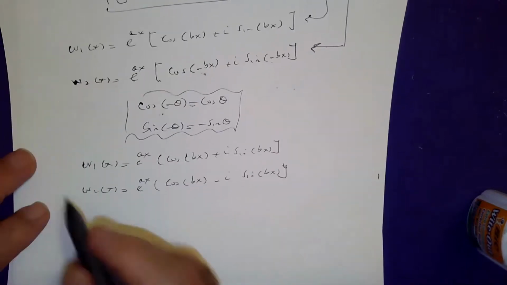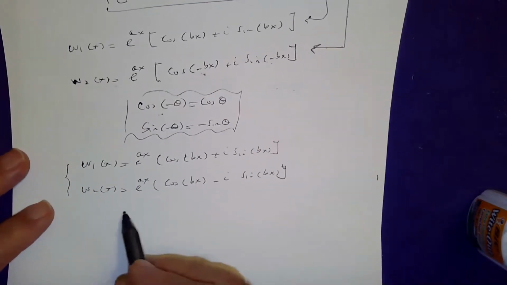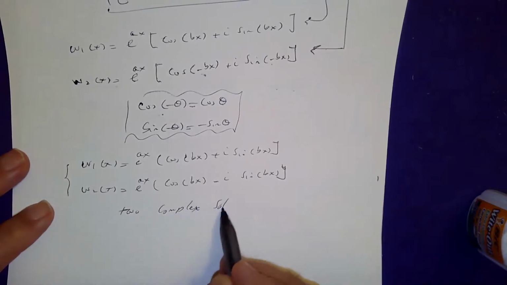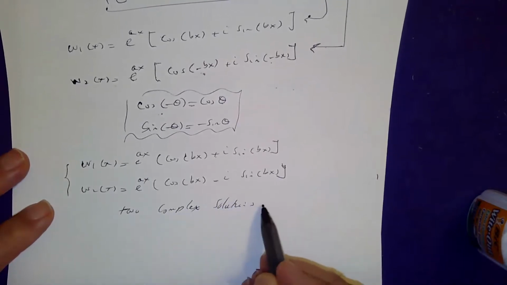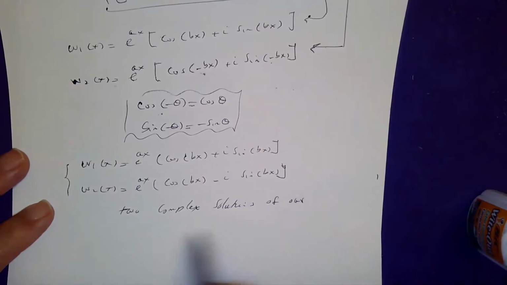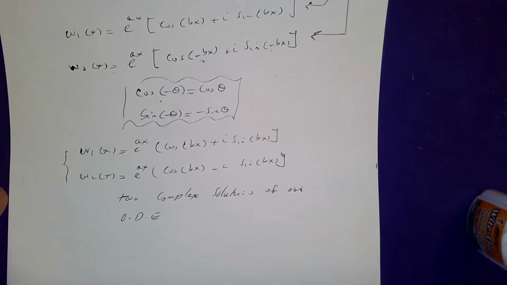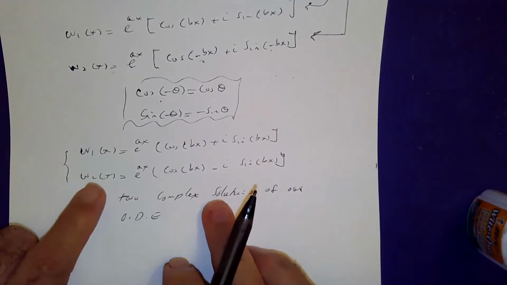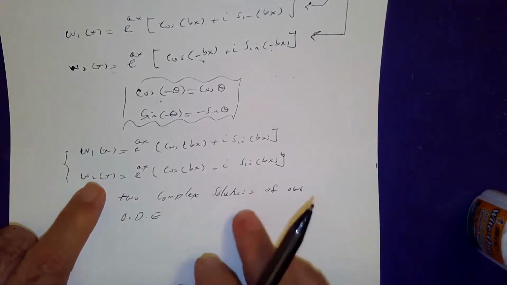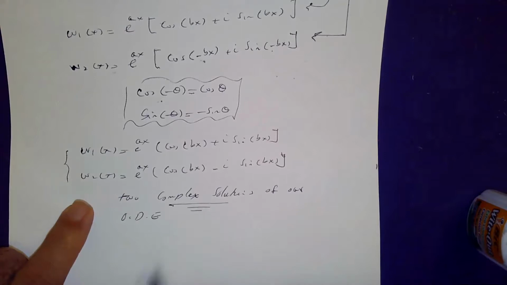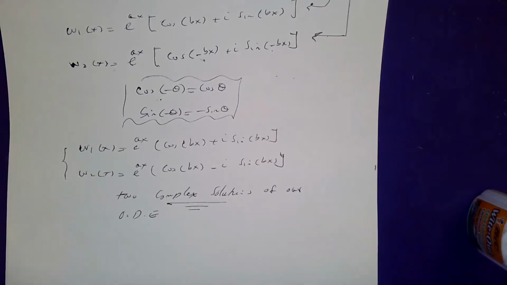So what are these? These are two complex solutions of our ordinary differential equation, correct? Mayday, mayday, they cannot be the final answers. Why not? Because they are not real solutions, they are complex.